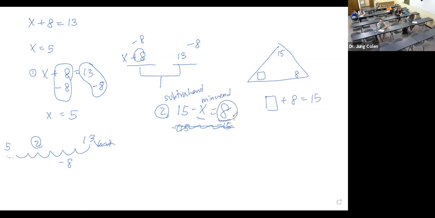The final answer for subtraction is called the difference. So if you add the subtrahend and the difference, you can get the minuend. We can change that to an addition situation, or we can use the number family. That's another way.